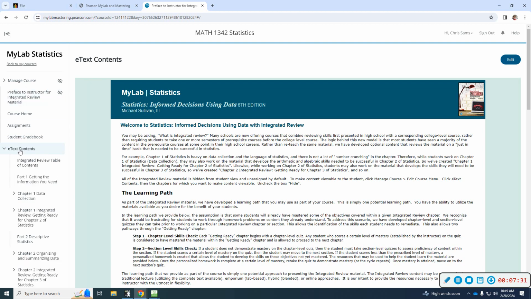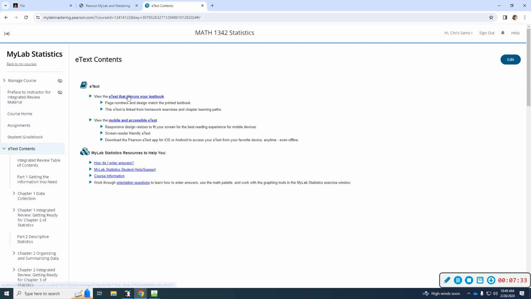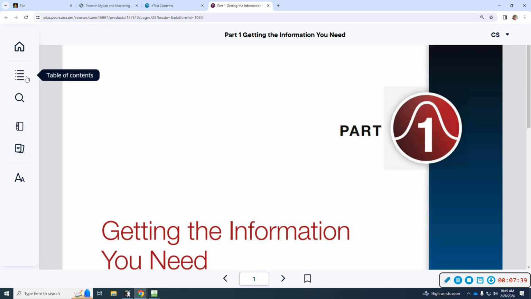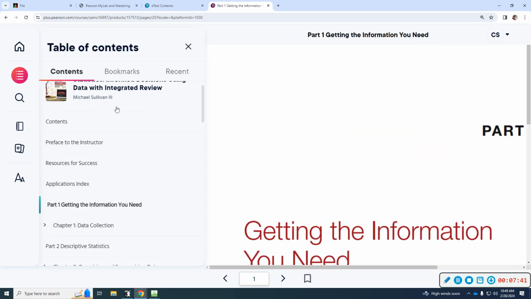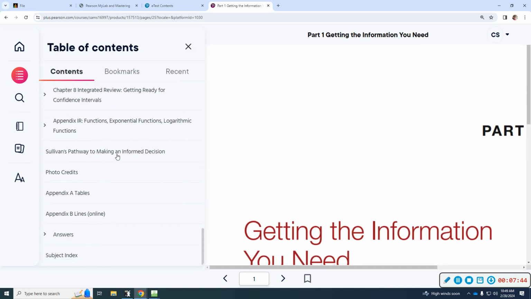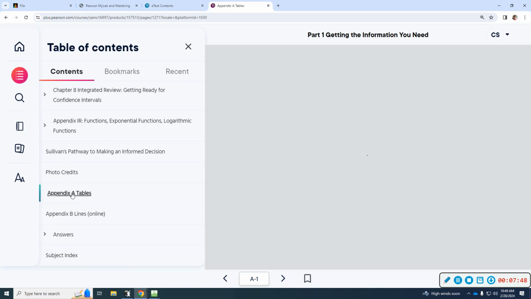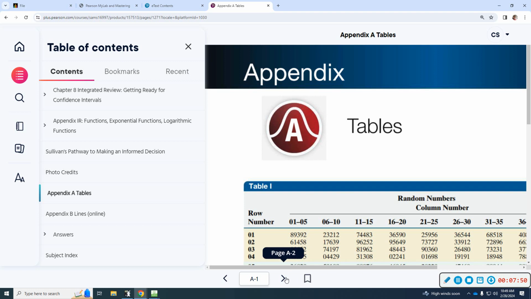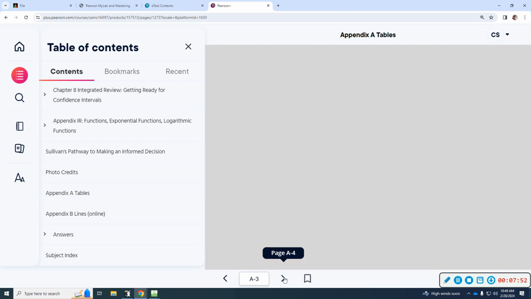We would go to e-text, and I want to go to the full textbook, this e-content. And from here, table of contents, if you scroll all the way down, that's when you can get to the appendix. So here's Appendix A, and if you arrow over, it says Table 3.